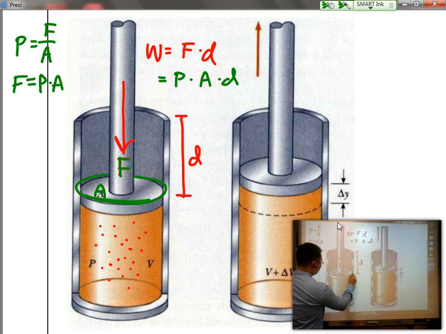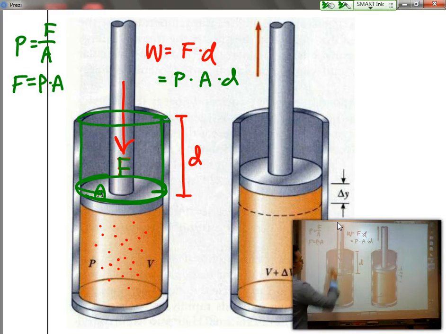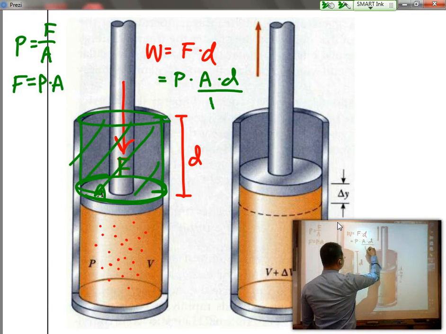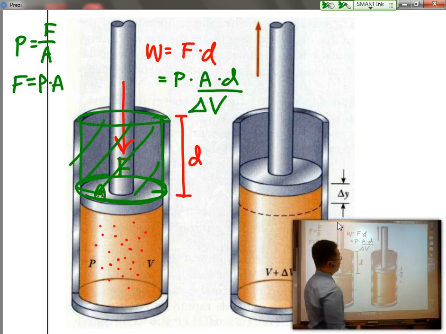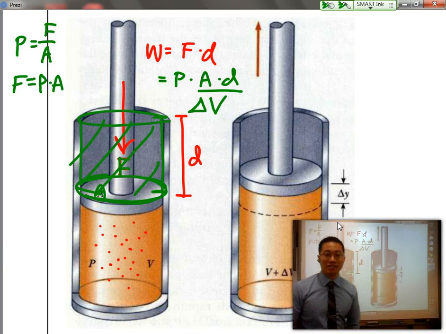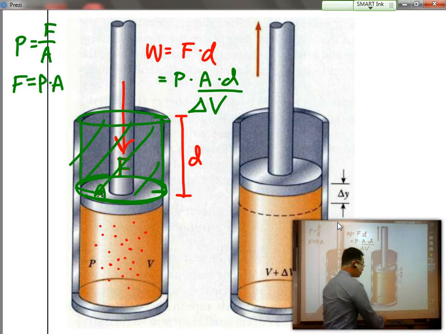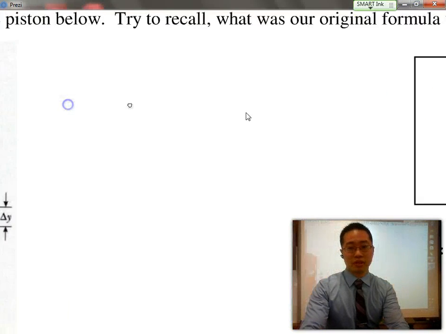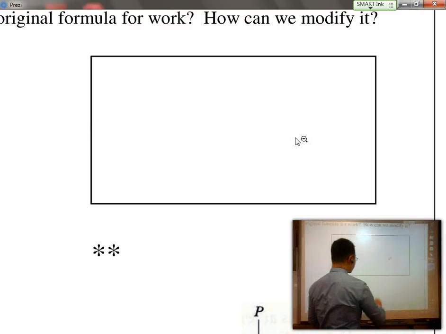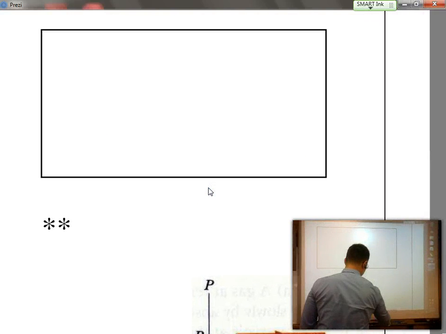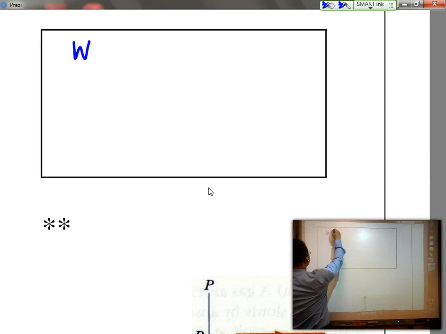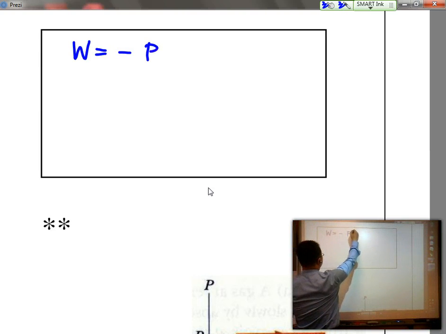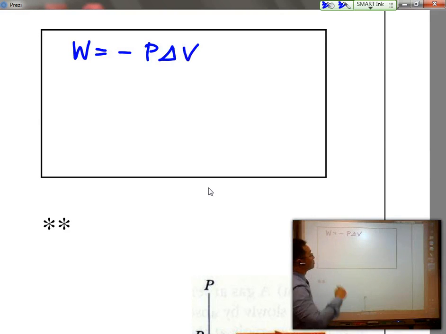Well, if we take the area times this distance over here, ultimately what we end up with is volume, or really the change in volume based on the distance that it moved. So an alternate formula for work, if we just scroll over to this box over here, is that work can also equal negative P delta V.